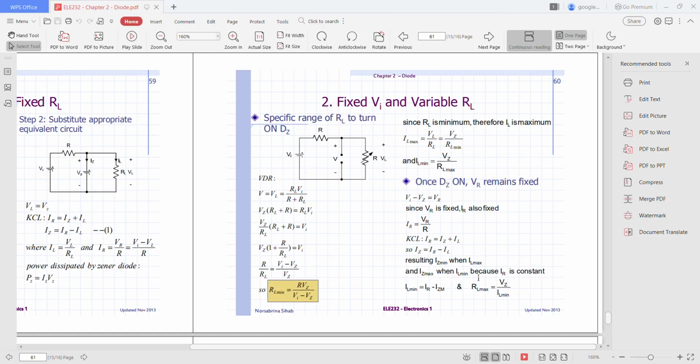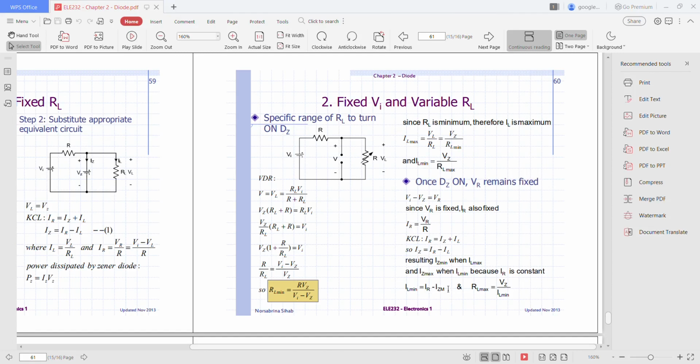Resulting in Izmin when ILmax and Izmax when ILmin, because IR is constant. So ILmin equals IR minus Izm, and RLmax equals Vz over ILmin. So RLmax is actually the maximum load resistance, where ILmin.